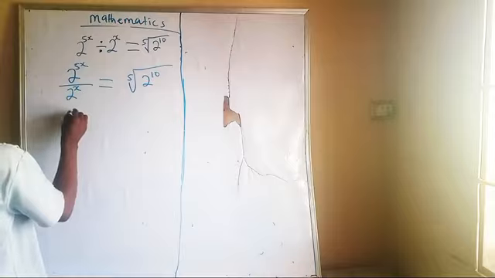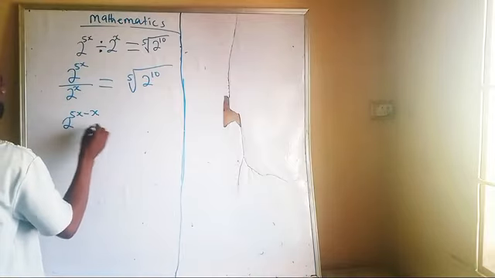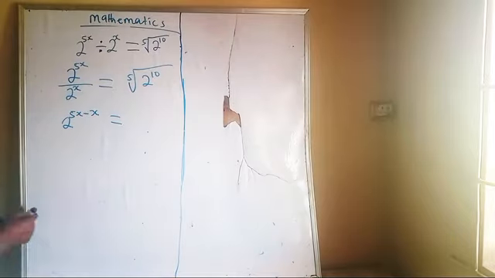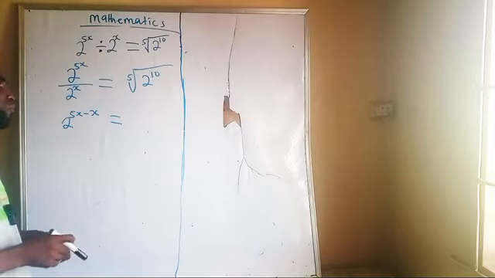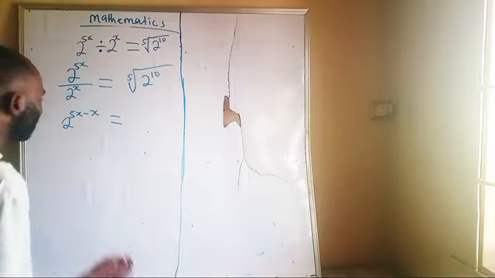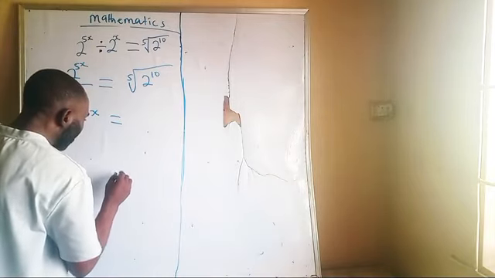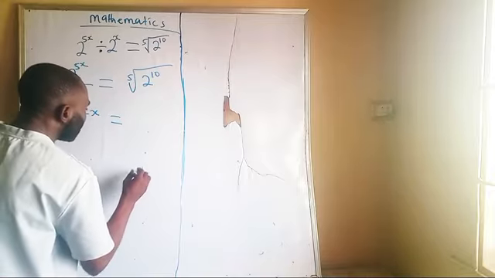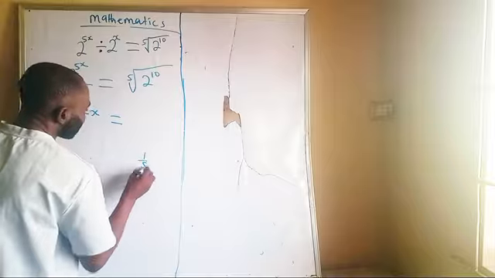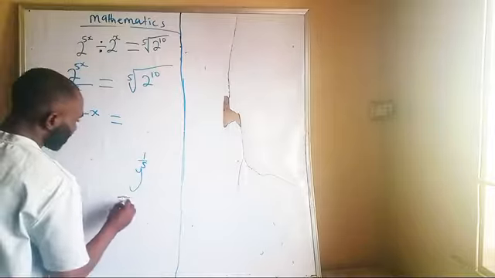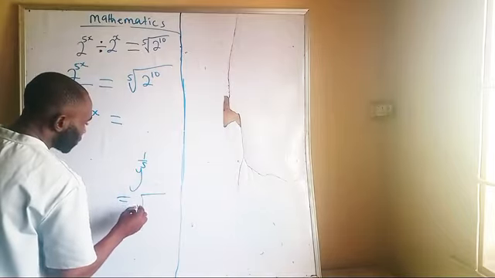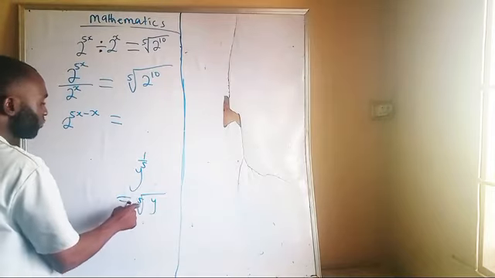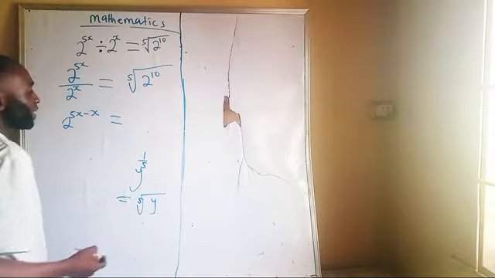So we carry the common base, which is 2, and 5x minus x is equal to, and here too we are going to apply the law of fractions, which states that if y is raised to the power of a fraction, this will be the same thing as a root. So this will become the fifth root of y. So the fifth root of y means y to the power of 1 all over 5.